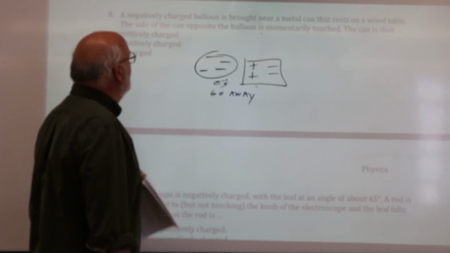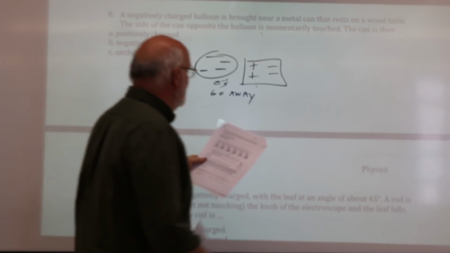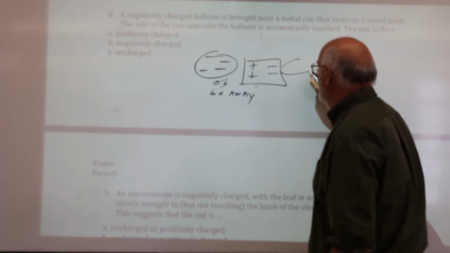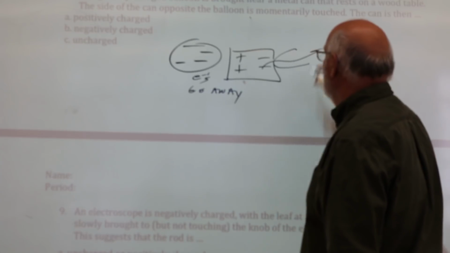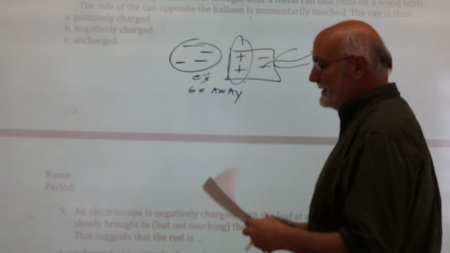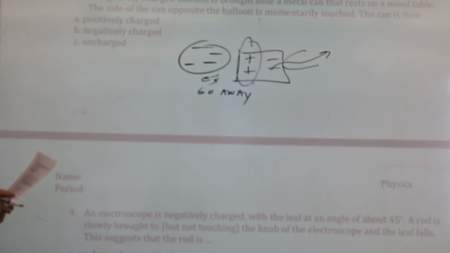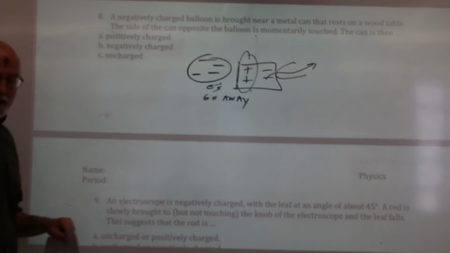Okay? So the side of the can opposite the balloon is momentarily touched. So we're going to touch this. So in other words, we're grounding it. This is just like the induction. These negative charges will go away, leaving this guy positively charged. Okay? And so this guy is going to be positively charged. Alrighty, let's keep moving on.